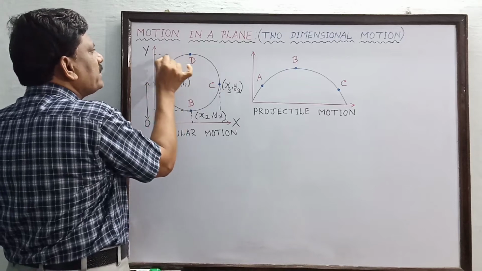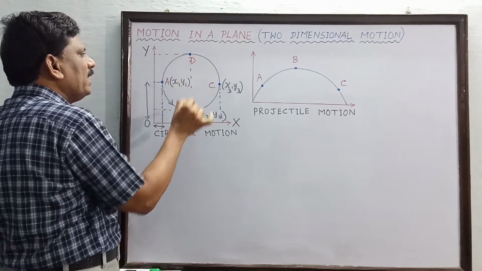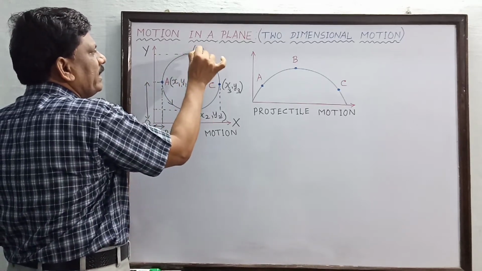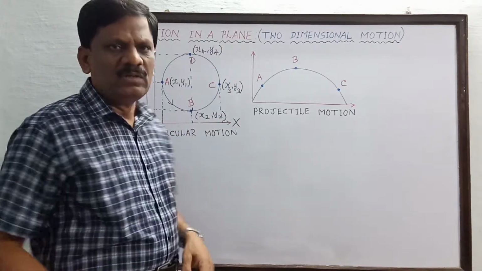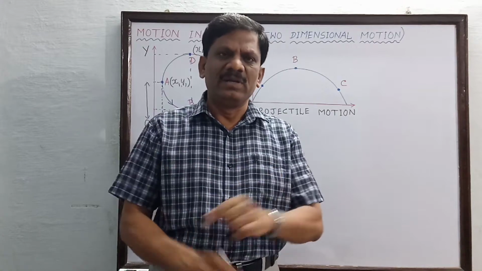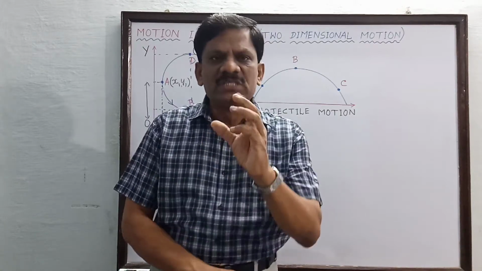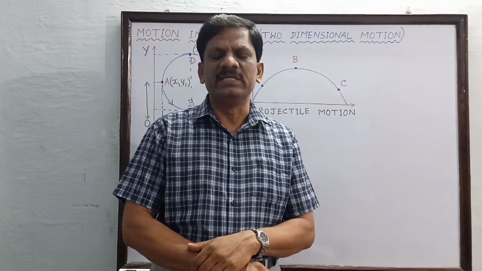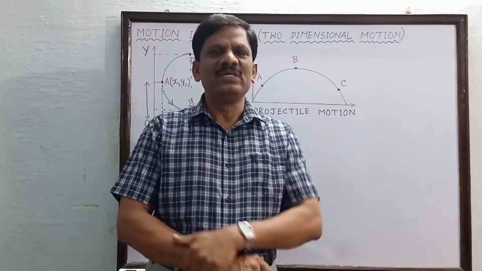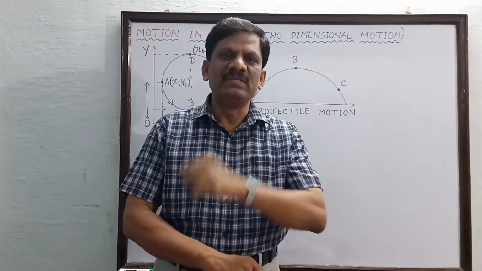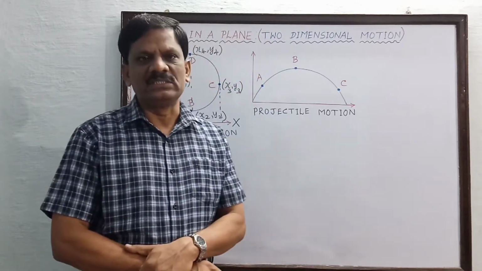Like that, you project the point D on both the axes. You will get the coordinates x4, y4. So, from this example, we find that the position of the particle is changing both along the x-axis as well as along the y-axis. That is why we say that it is two-dimensional motion.